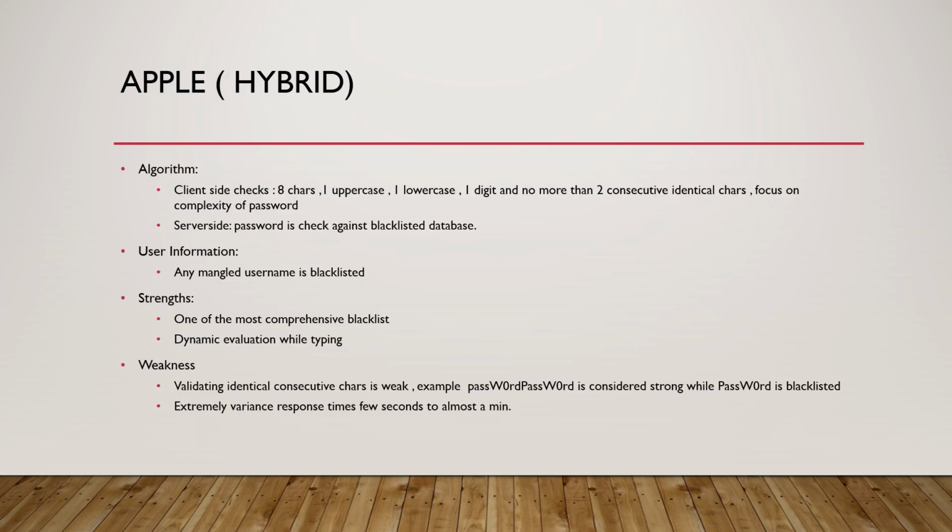Apple is one of the first to implement a hybrid kind of password checking, where the client side checks a strict requirement of eight characters, one uppercase, one lowercase, one digit, and no more than two consecutive identical characters. Then the password is sent to the server side to do a blacklist validation against the blacklisted database.